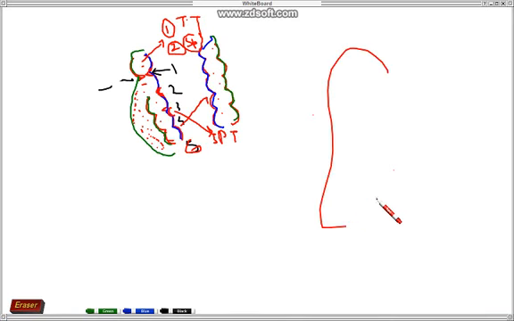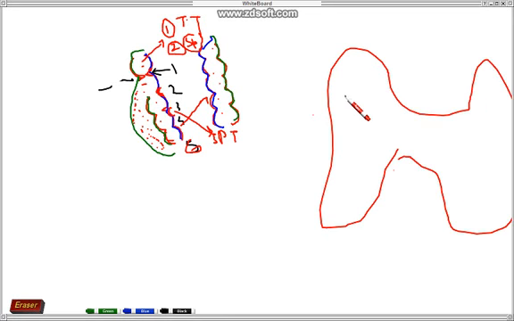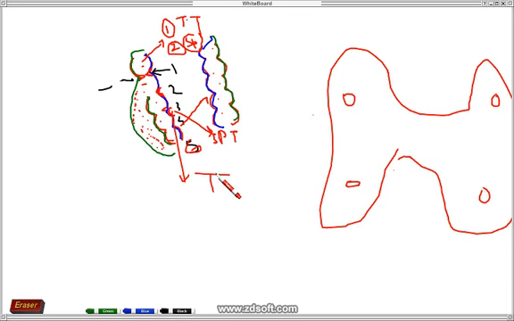So when you see your thyroid gland, this thyroid gland contains parathyroid glands on it. The superior parathyroid glands are derived from your fourth pouch, and the inferior parathyroid glands are derived from your third pouch. And another very important structure derived from the third pouch is your thymus gland.